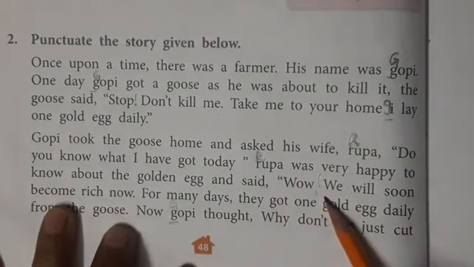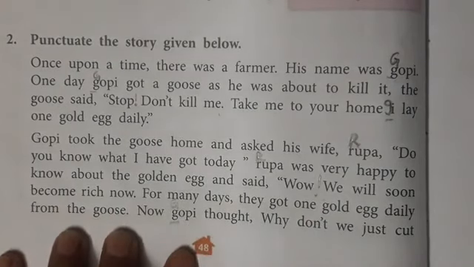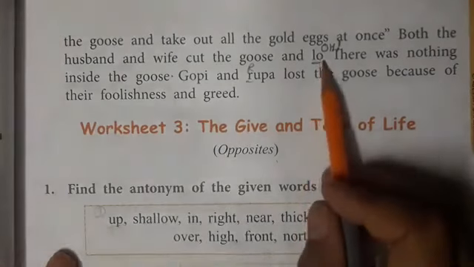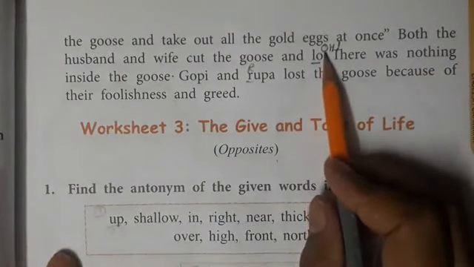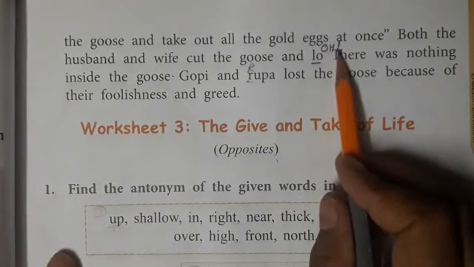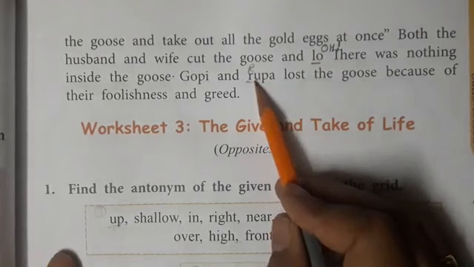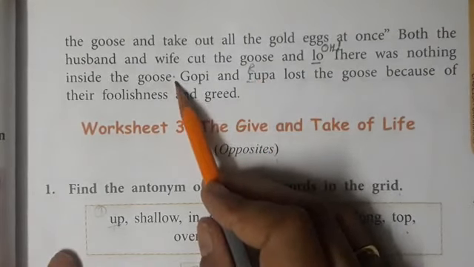Wow, you very well know wow के साथ exclamatory sign आता है. Then G capital because it is a name, Gopi. And I think over here misprint is there, so over here will come O and with exclamatory sign. And Rupa is a name, R capital, and after goose full stop will come.